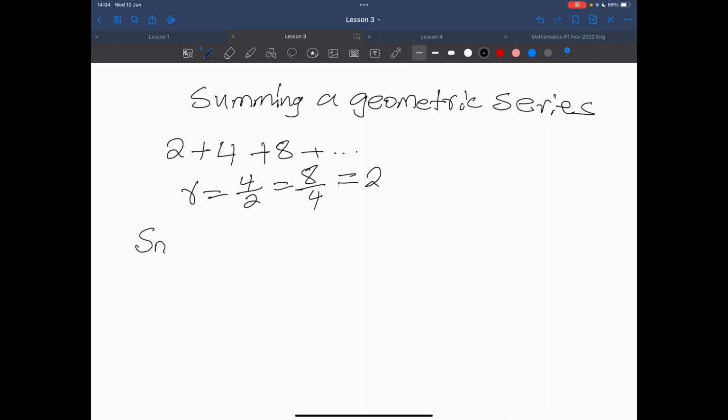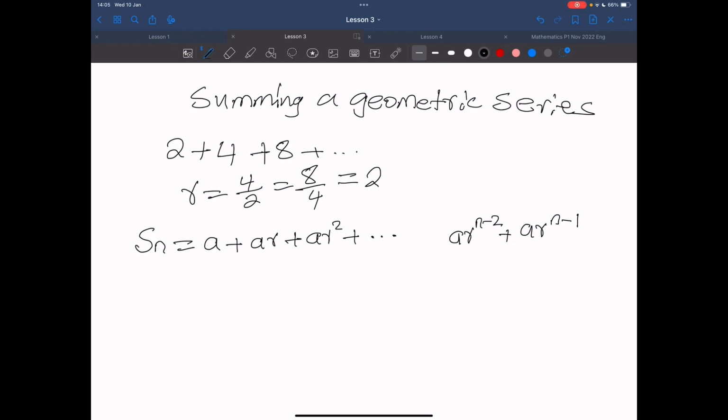The first term is a, the second term is ar, the third term is ar squared. The last term of a geometric series is ar exponent n minus 1. The term before the last will be ar exponent n minus 2.